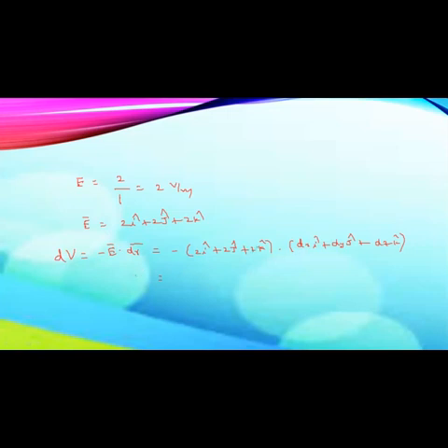First you calculate the dot product between these two. So this will be minus 2 dx minus 2 dy minus 2 dz, and V is nothing but the integral of this value. Minus 2 is common: integral dx plus integral dy plus integral dz.